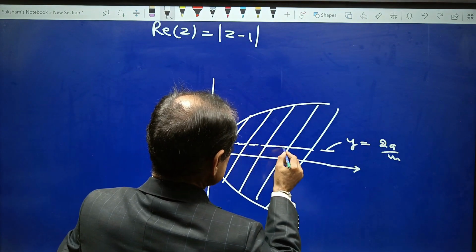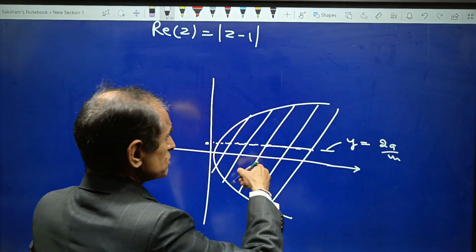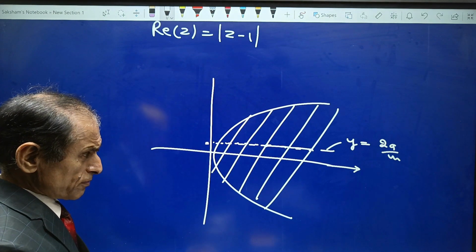Note that these points are midpoint of all these parallel chords.